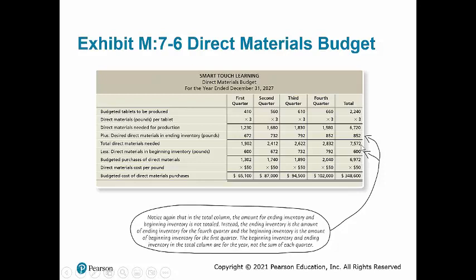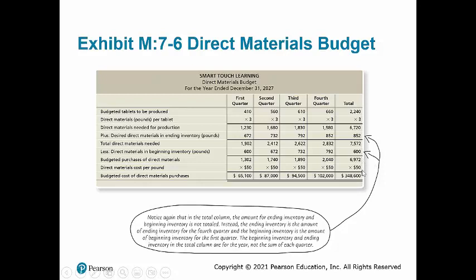7,572. Now, for the beginning inventory, you go all the way back and take the beginning inventory for the first quarter, just like we did in the production budget. Take that 600 pounds and subtract it from the 7,572 to get the total direct materials in pounds of 6,972.